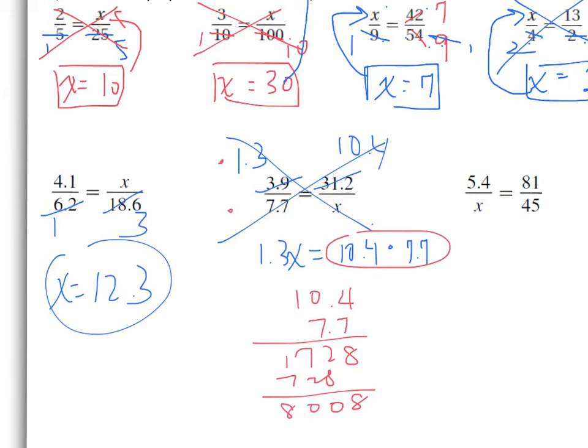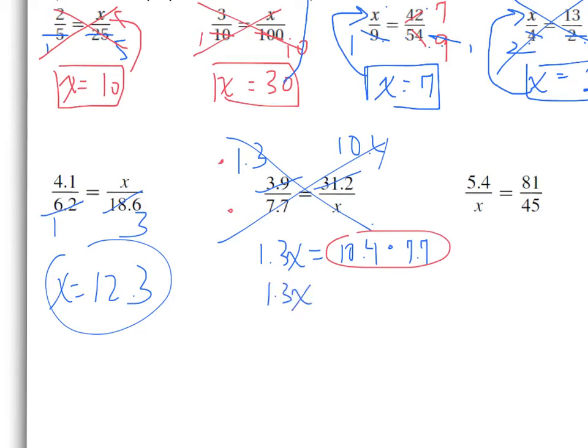And then shift the decimal 2 places to the left. So 80.8. Let me erase this. 80.08, I mean.